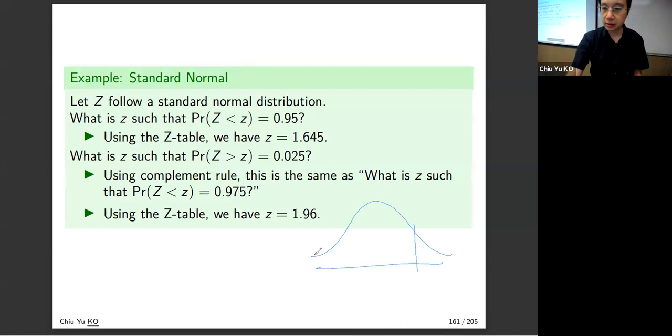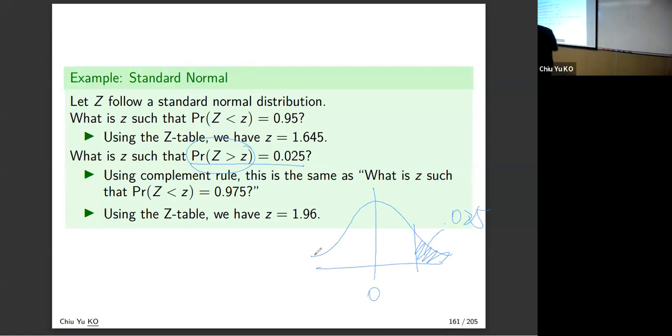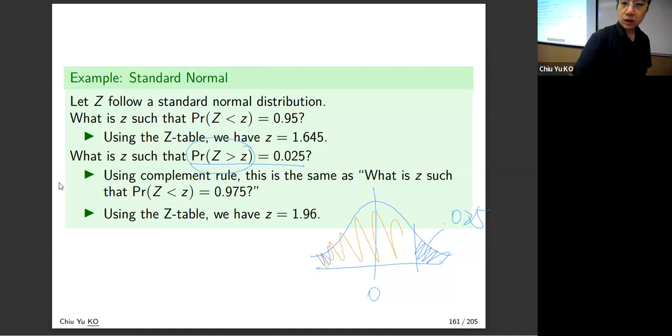Zero is here, and the area on the right-hand side is 0.025. But you know the total area must be 1. When you say the right-hand side is 0.025, it simply means the area on the left-hand side is 0.975.